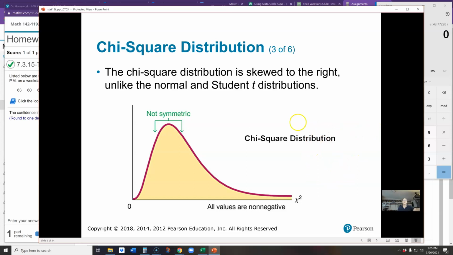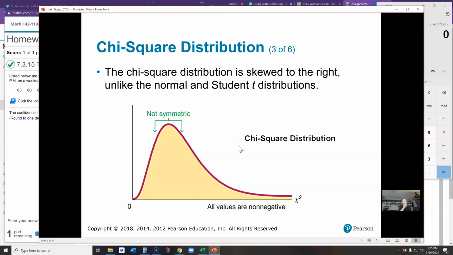And if you imagine, you're still going to have a situation where you're thinking about the mean value being sort of the most likely or expected value here under the middle of the big bump. However, notice since it's not symmetric, if you are coming up with a confidence interval, the confidence interval will not be equally distributed on the right and left sides of the mean value. Because the curve is not the same on the right and the left sides of the mean value.